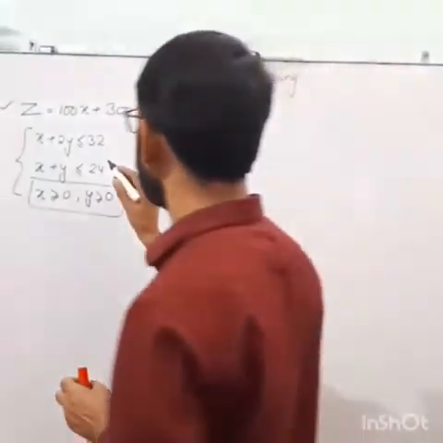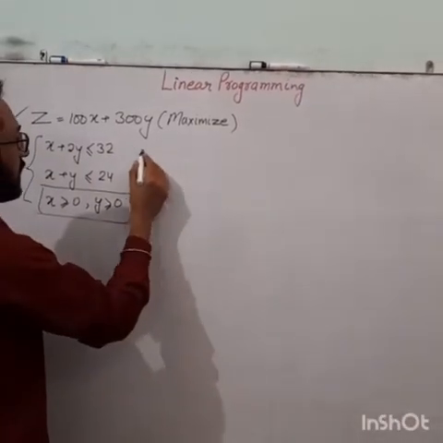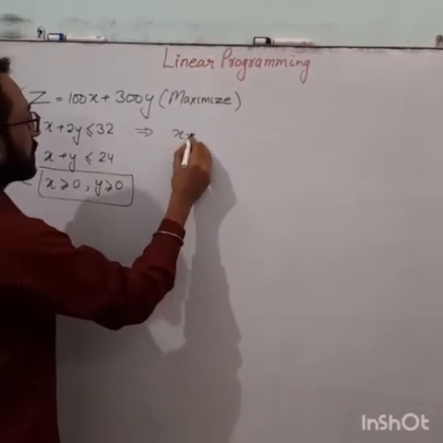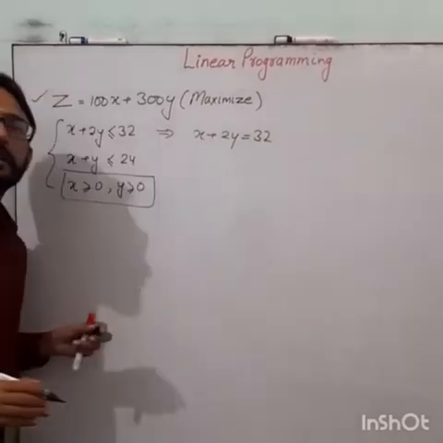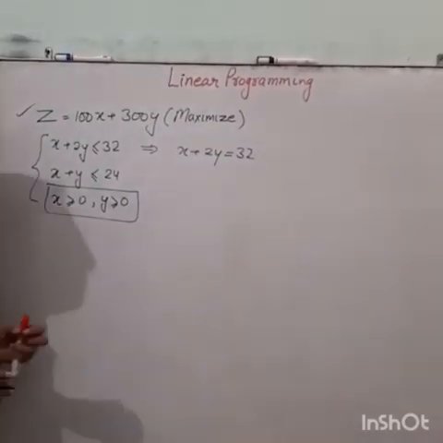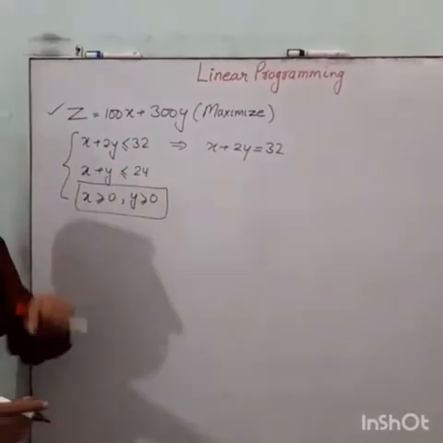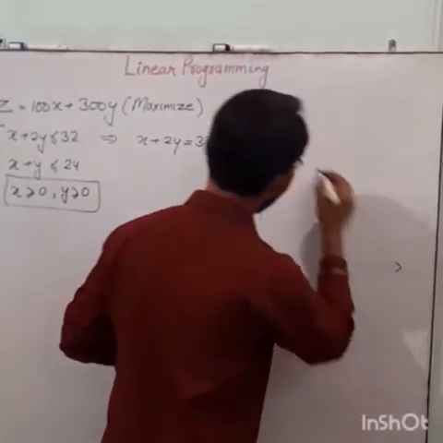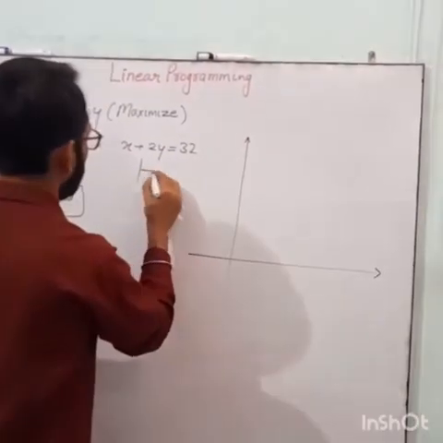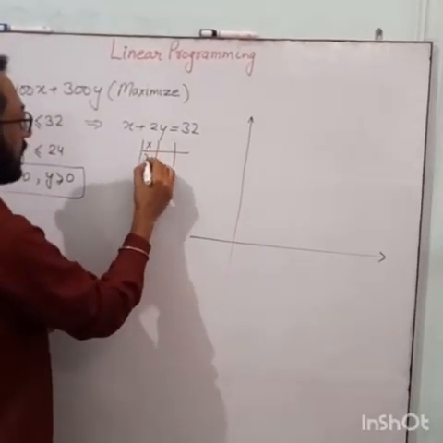First of all, I am taking the first linear equation. It is x plus 2y equals 32. Whenever we need to make a graph, we make the graph for the equation. So this is the first equation. Table of x, y.